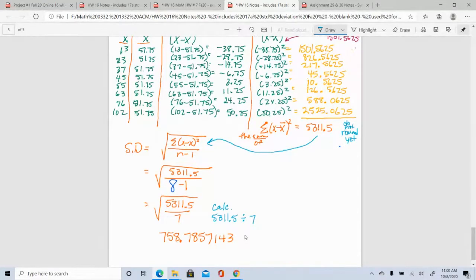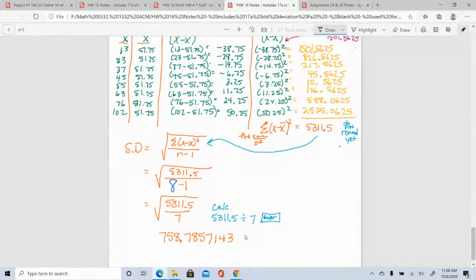Okay, and I did enter. And I'm getting this on my calculator. So, you know what? I don't know that that's going to work. I think then you can't do square root afterwards, can you?